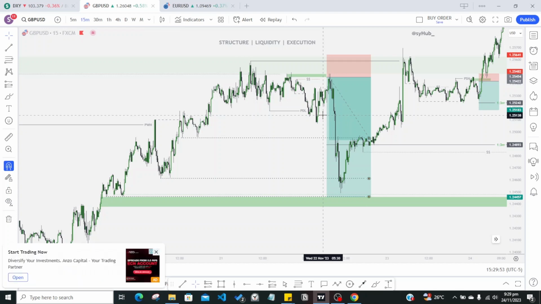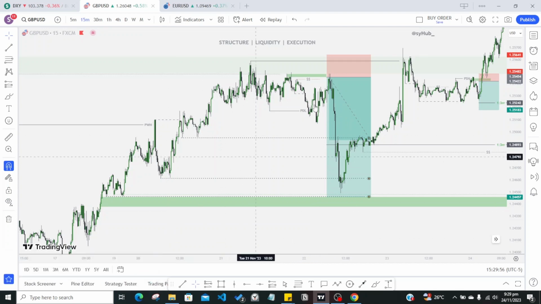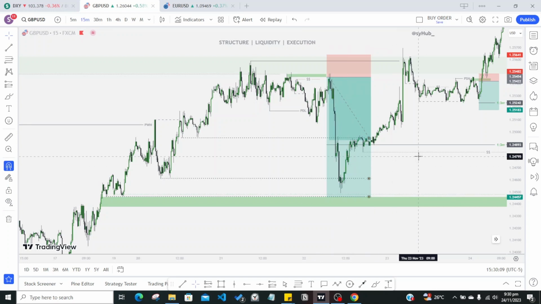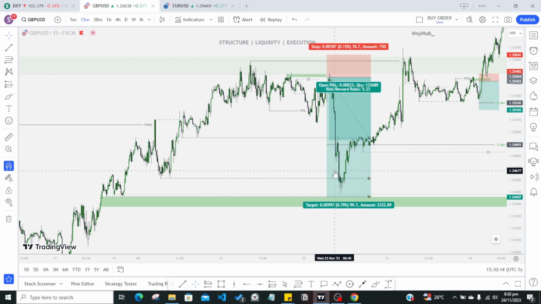After price traded up there, I had my sell limit on the level, and price got to that level, took out liquidity, which was this short-term high here, then traded down, targeting the weekly open price, but price didn't get to the weekly open price before reversing, which was similar to the dollar index trading up into that fair value gap but not mitigating it.